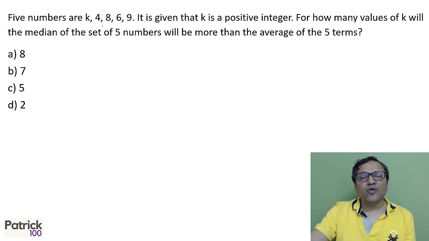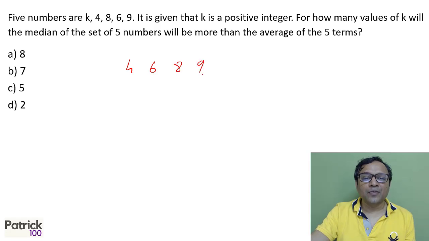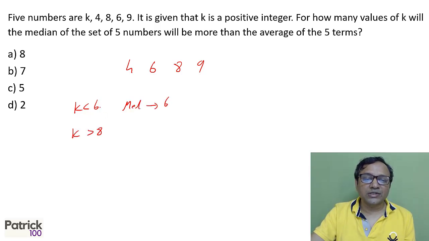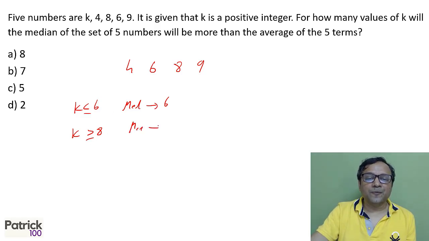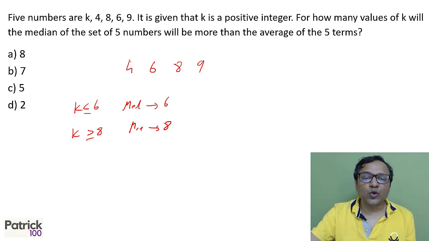Find numbers k, 4, 8, 6, 9. So if I put in ascending order 4, 6, 8, 9, k. Now if k is less than 6, then the median is 6. And if k is more than 8, or less than 6, then the median is 8. So let's look at the total right now.